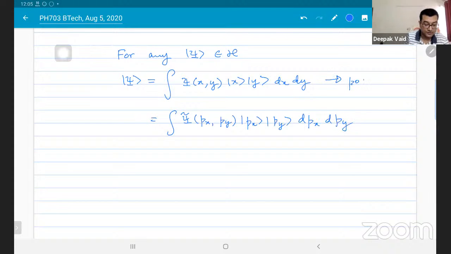Right? So this is the position representation. This is the momentum representation.